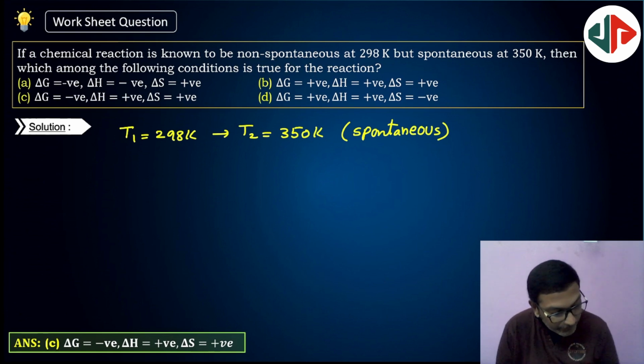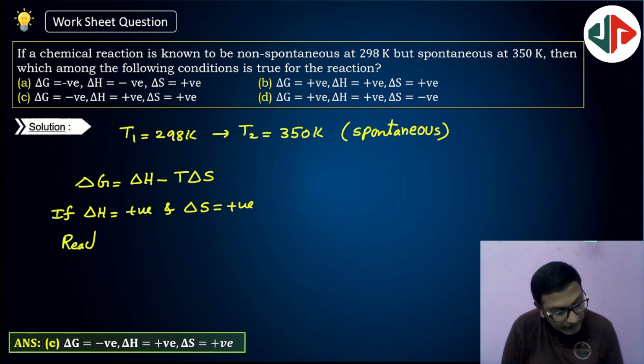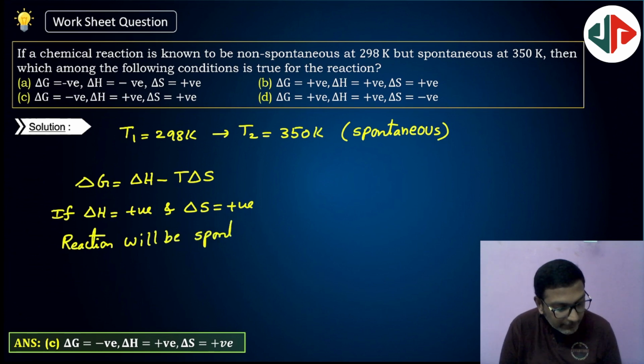Then we know delta G equal to delta H minus T delta S. So if delta H is positive and delta S is again positive, the reaction will be spontaneous at high temperature.